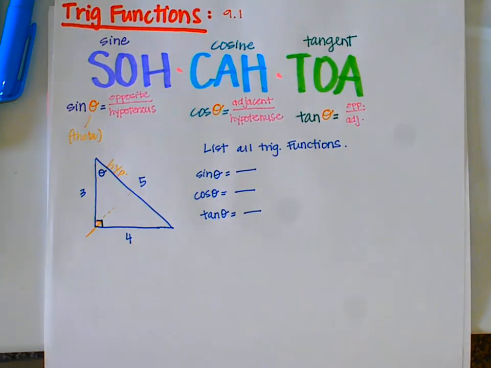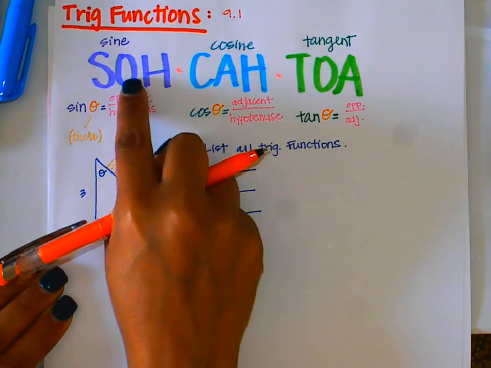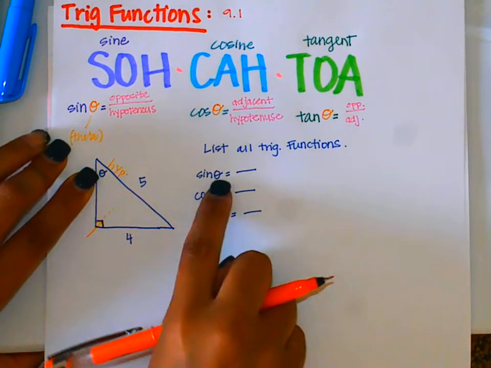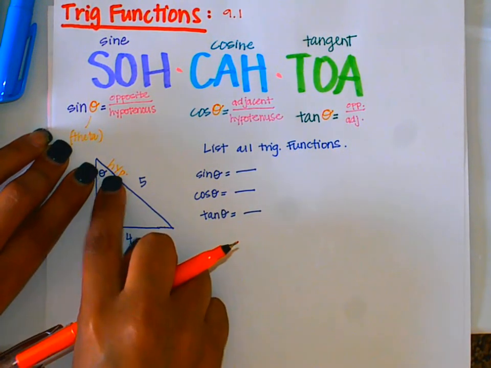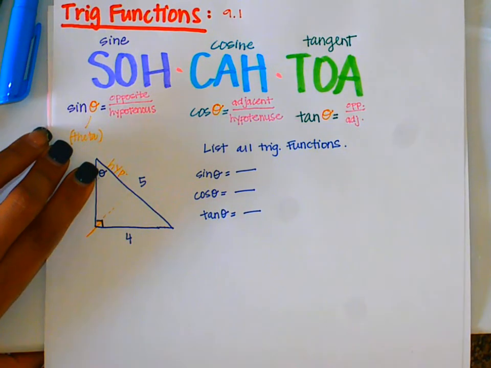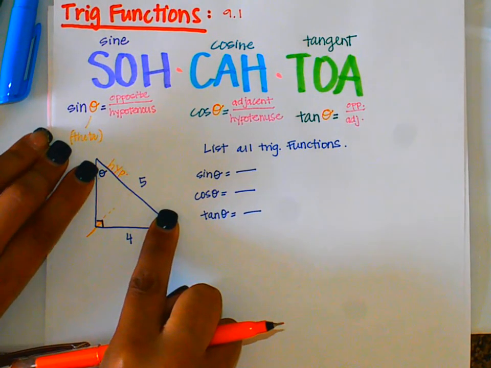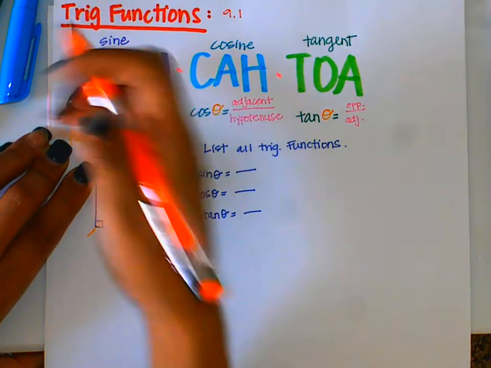All right, so for sine, sine is opposite over hypotenuse. So I'm going to take my theta. Because this is sine of theta, you need to look at this. This is where you're going to be considering your opposite and your adjacent from. You're not even looking at this angle right here. You just want to look at the theta. So since this is the opposite, we're going to look at the one that is directly across the triangle.